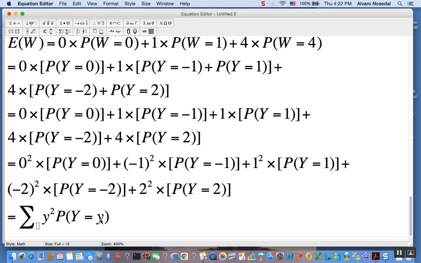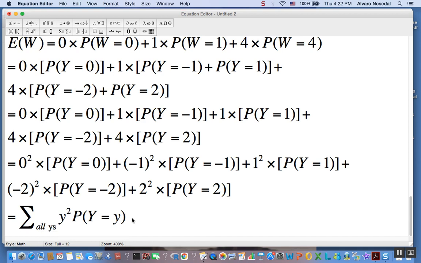So lowercase y stands for either 0 or -1 or 1 or -2 or 2. And we're doing this for all y's.